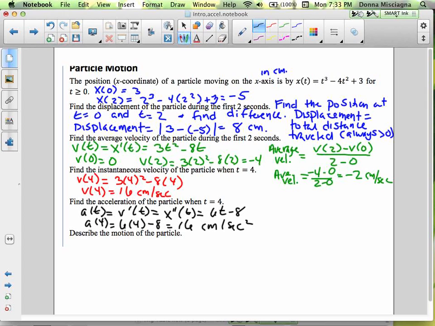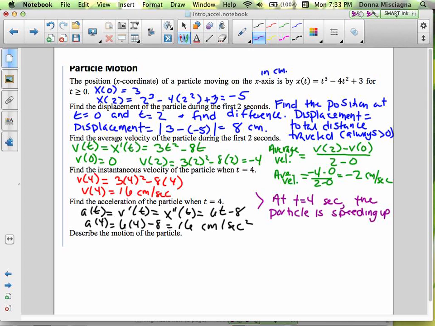So at 4 seconds, let's actually add a little bit to it. It didn't ask us, but let's answer it anyway. We're going to describe the motion of the particle, but let's just explain this part here. Notice that velocity is positive and acceleration is positive at t equals 4 seconds. So at t equals 4 seconds, the particle is speeding up.